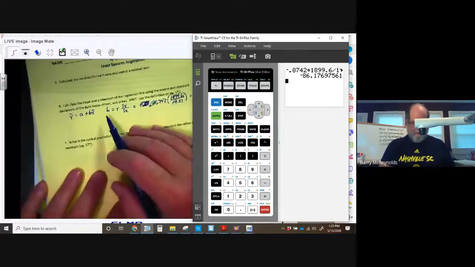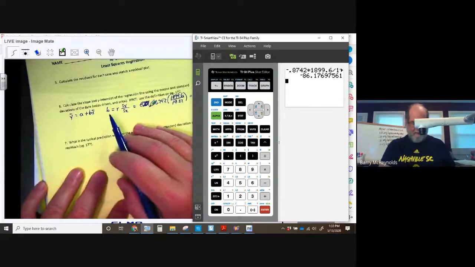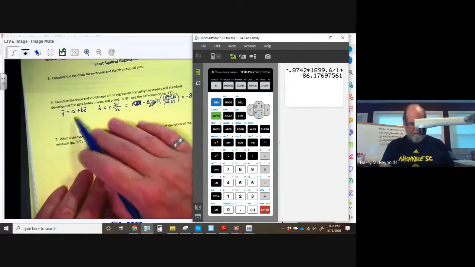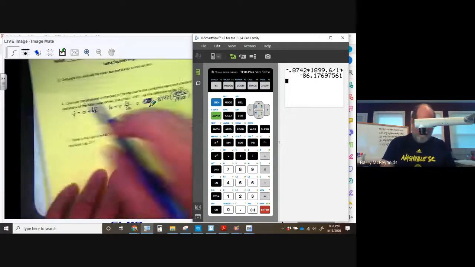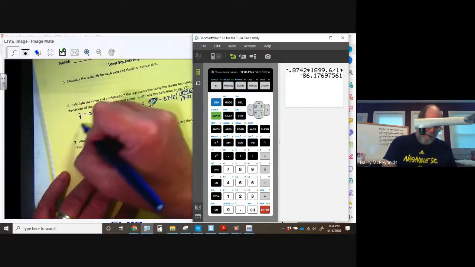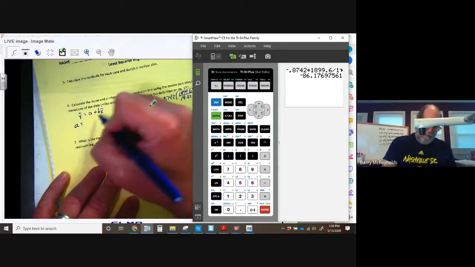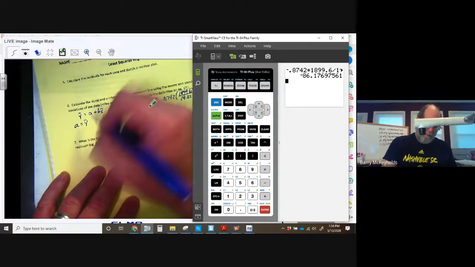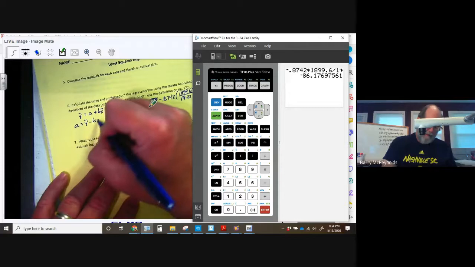Okay, and so now I have B, and Y hat is in the form of A plus BX. So I've got to calculate A, but I've got to rearrange this so that, all I'm going to do is subtract BX from both sides. A is Y bar minus B times X bar.